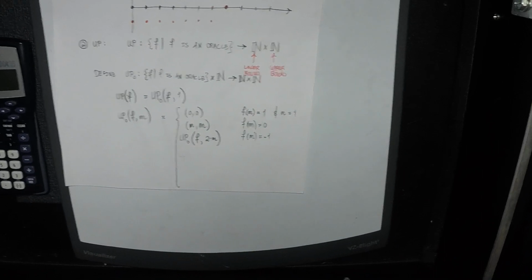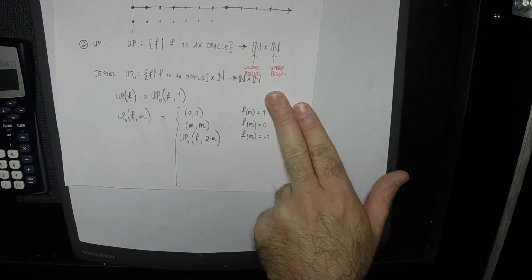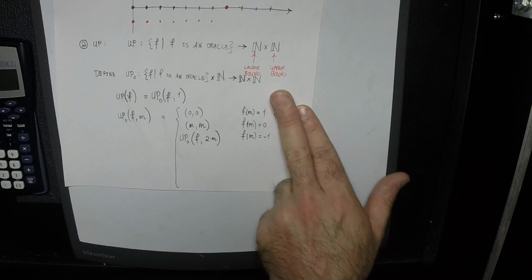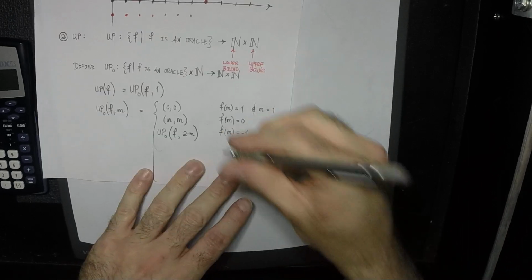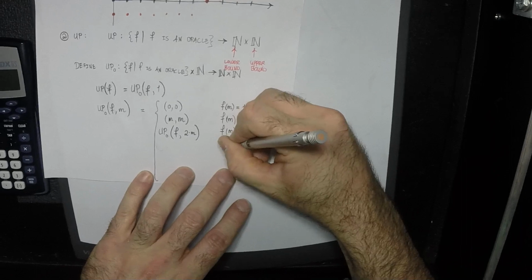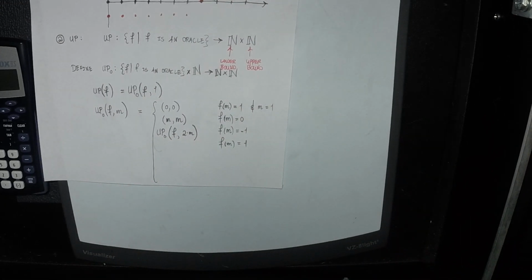Have we covered all possibilities? No. If that were the case, we would have covered all possibilities, but it's not. So we have f of m is 1 and m is 1. What's the other possibility? F of m is 1. Remember that the convention is that when you write a math function, the clauses are matched top to bottom.